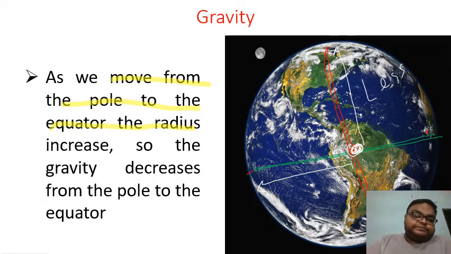So the gravity at the equator will be less, because we have seen our equation for g, which we derived, and we will see it in our next slide also. So the gravity decreases from the poles to the equator. Is there any confusion in this slide? No? Then we will move ahead.